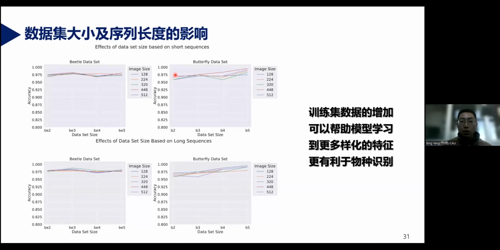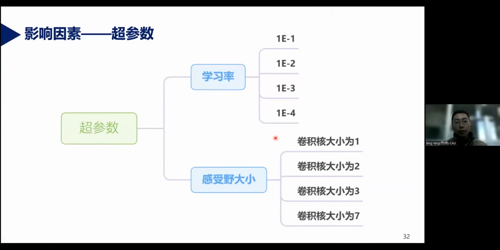And even with smaller sets, it can still achieve baseline, so that users do not have to collect a vast set of data to achieve quite a high level of accuracy. These show two different sequence lengths, and the model is also robust in terms of sequence length.